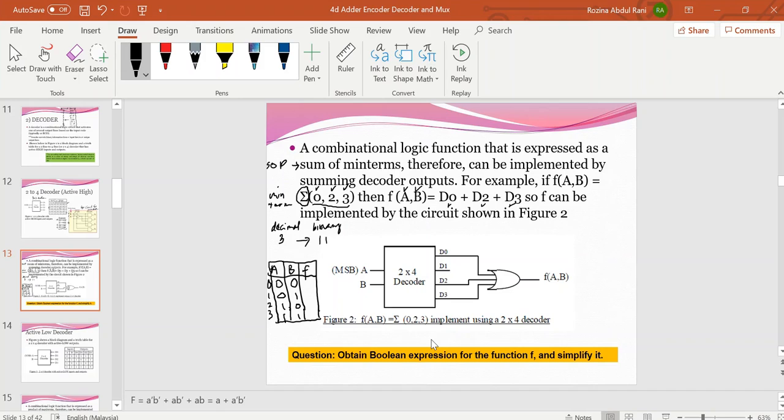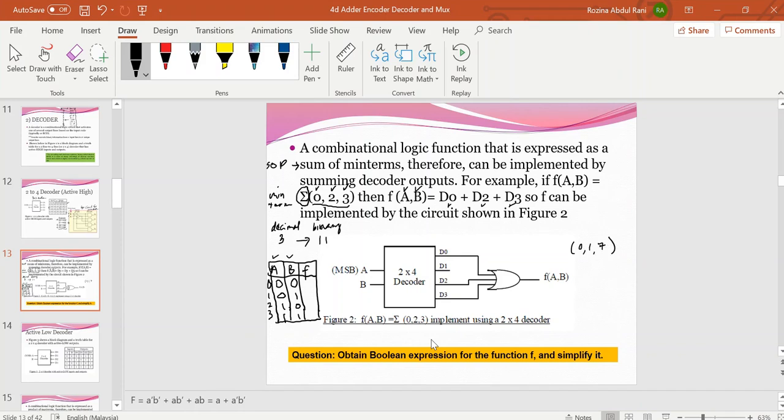The number of possible inputs depends on the numbers in the Boolean function. Let's say the number in the Boolean function goes up to 7, maybe 0, 1, 7.